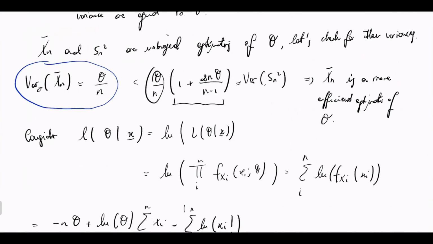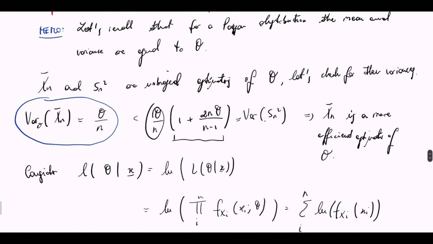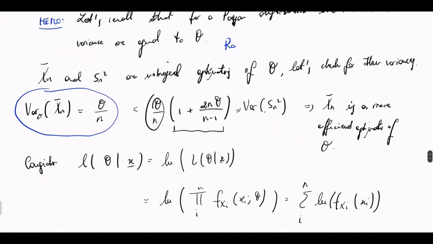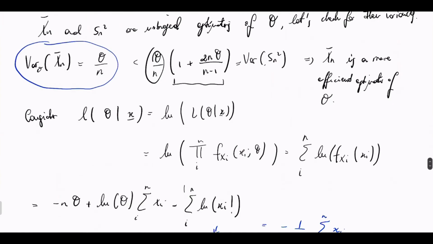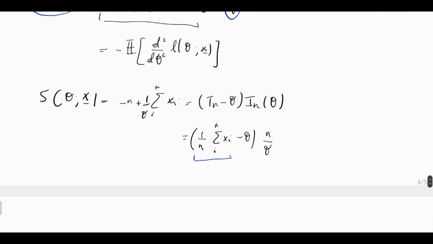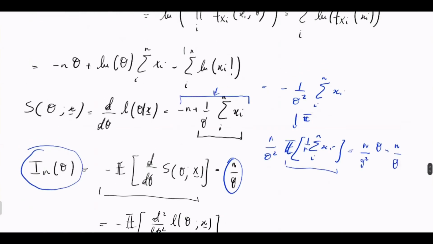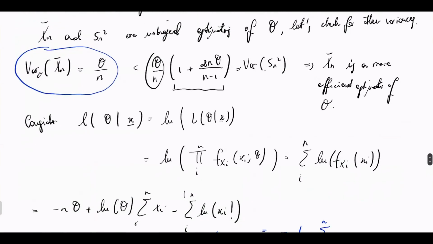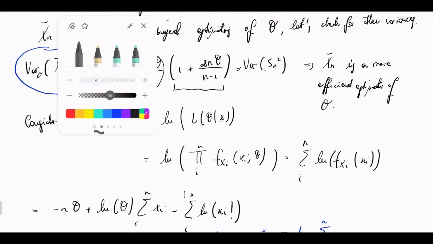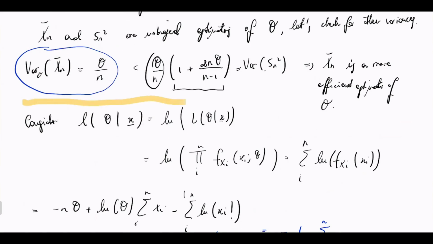Remember, by Cramér-Rao, an estimator is efficient if its variance is equal to 1 over the Fisher information. So it is efficient, which once again, up to this point, we didn't prove.